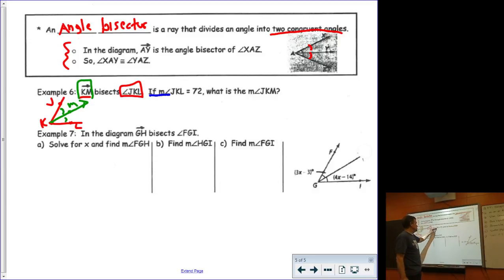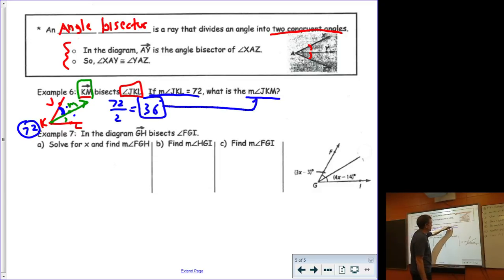It says if JKL, well, that's the whole thing, if the whole thing is 72 degrees, what is the measure of angle JKM? This half. So I know that the whole thing is 72, and these parts are equal, so 72 divided by 2 is 36. Each half is 36, so this angle must be 36.